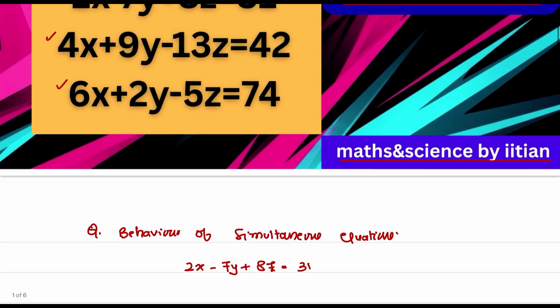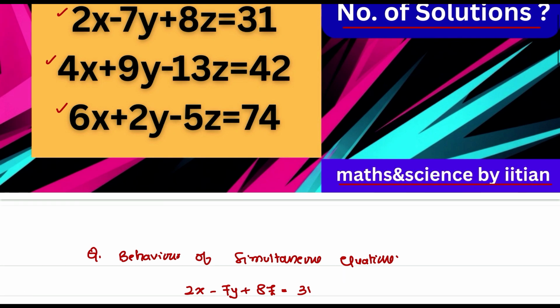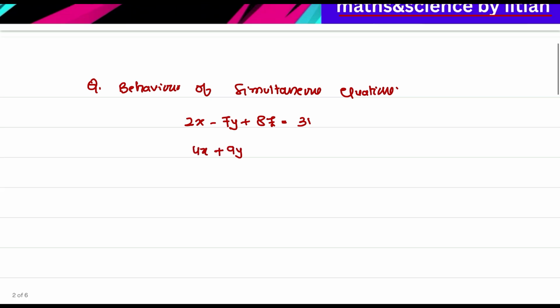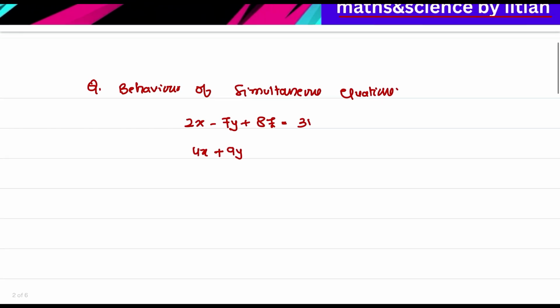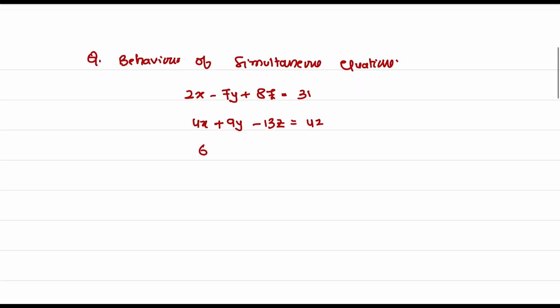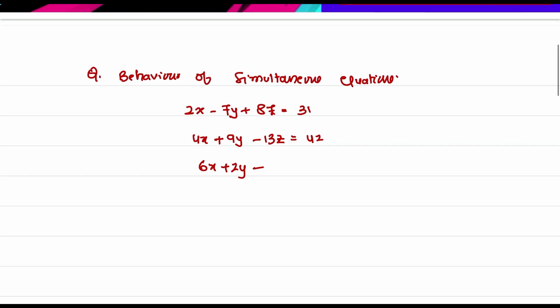Is it correct? 2x minus 7y plus 8z is equal to 31. Second one is 4x plus 9y minus 13z is equal to 42. Next one is 6x plus 2y minus 5z is equal to 74. These are the three simultaneous equations given to me.